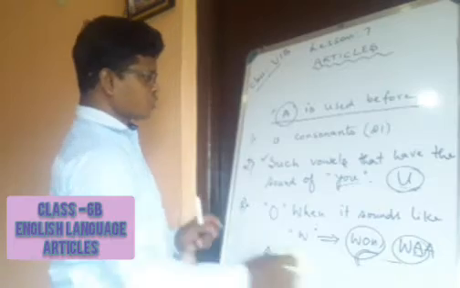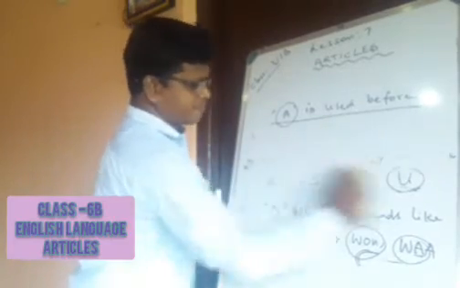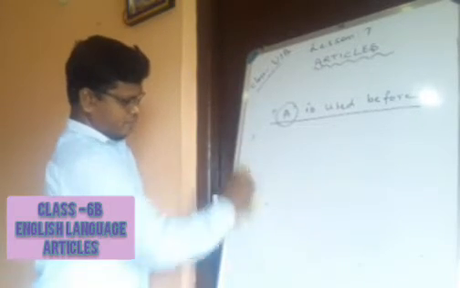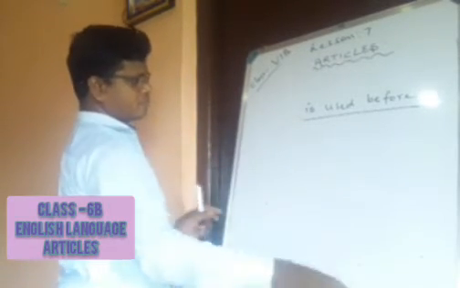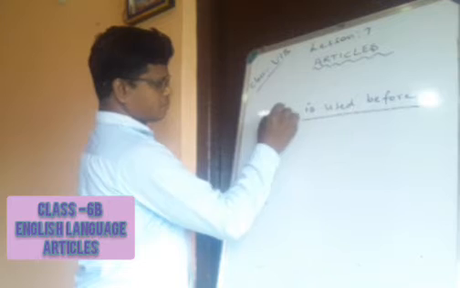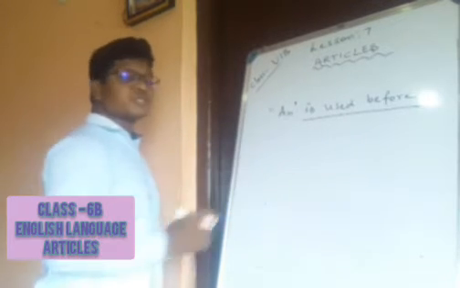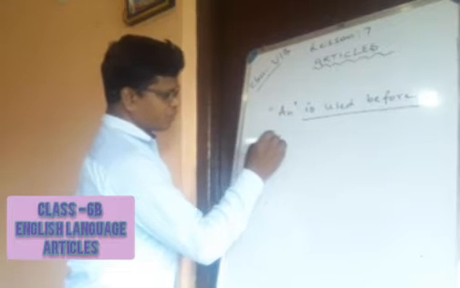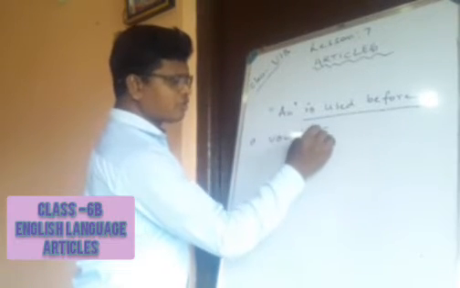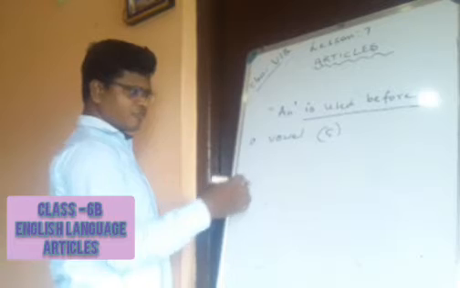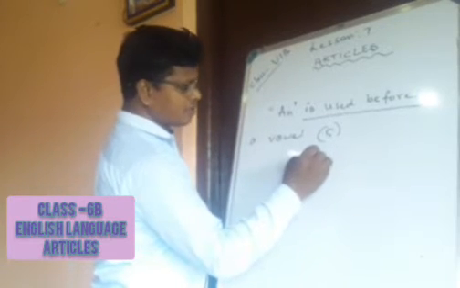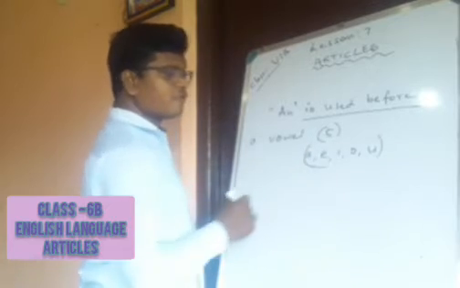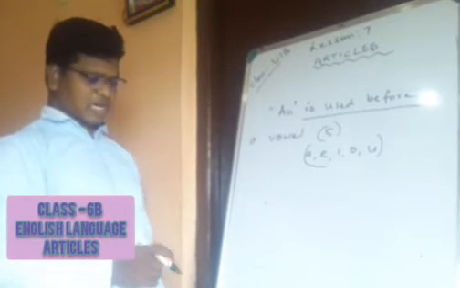Let us now talk about N. N is used before a vowel. What is a vowel? How many types of vowels are there? There are 5, namely A, E, I, O, U. These are the 5 different vowels that we have.